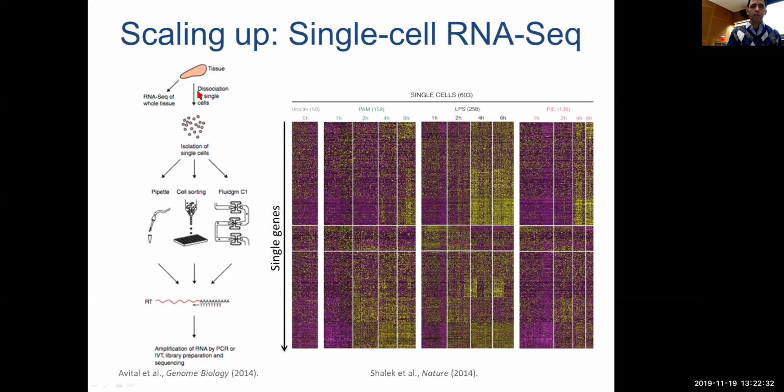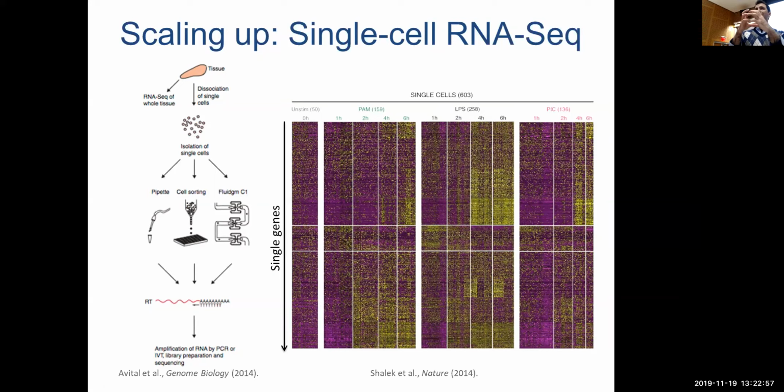You can capture them using either microfluidics or using basically little bubbles, little droplets that allow you to capture each cell inside a droplet. You basically make droplets that are roughly the size of a cell. And then once these droplets are inserted, you can then put the same barcode in all of the RNA molecules inside that droplet.